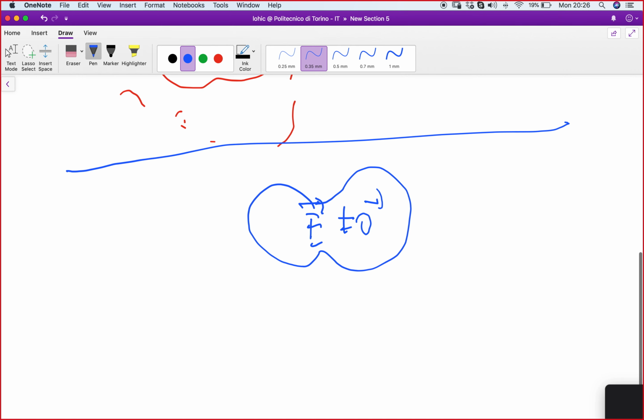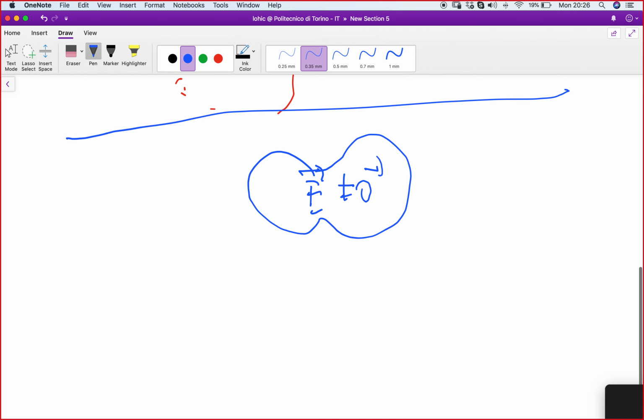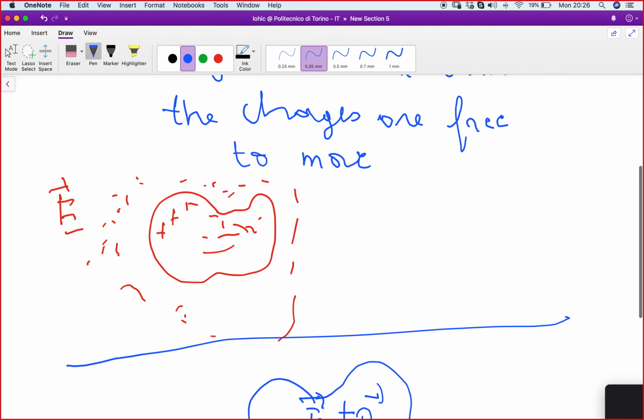Turning back, if you have an electric field outside, remember that when you have an electric field, it is applied everywhere. Imagine I put a charge Q here, and I draw a conductor like this.